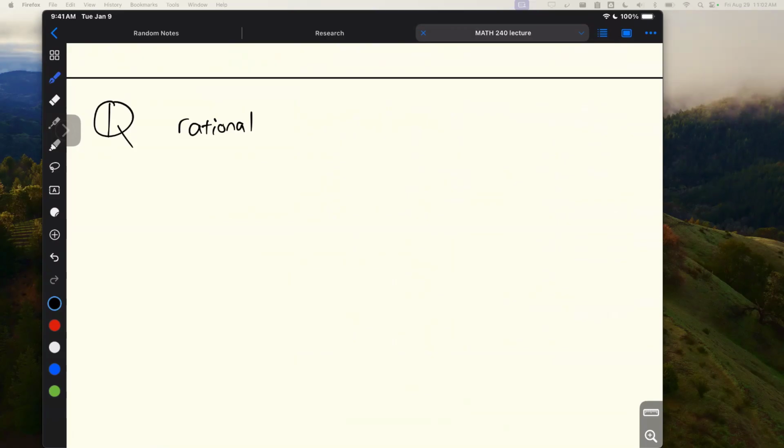What do you remember? Yeah. Express it like one integer over another integer. Mm-hmm. So we wrote it as something like m over n, where m and n are both integers.